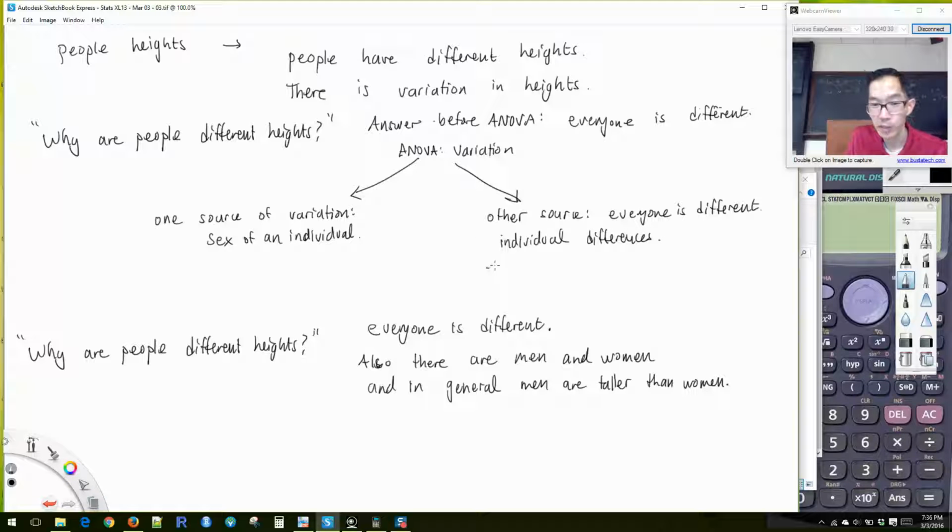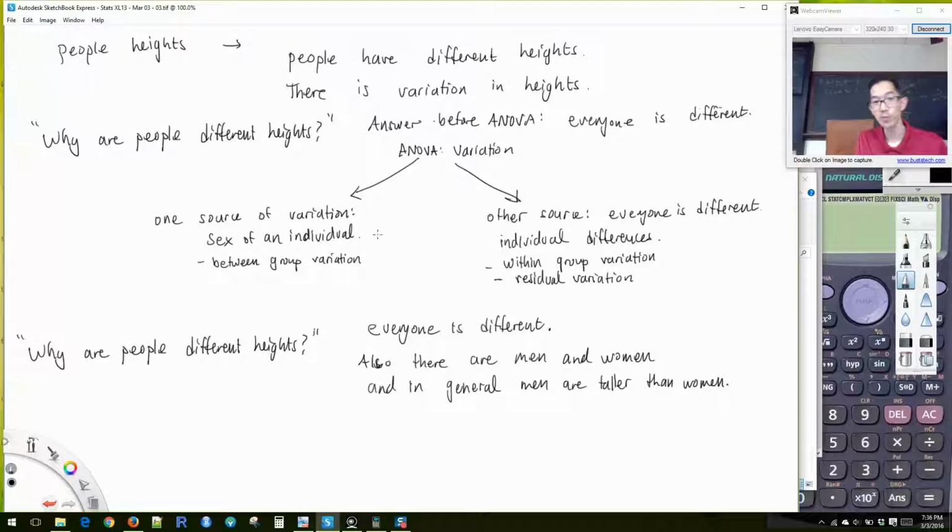This can be thought of as within group variation, also called residual variation. And then over here, this will just be known as our between group variation.